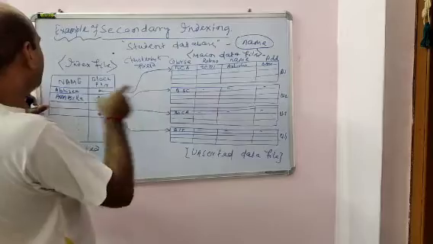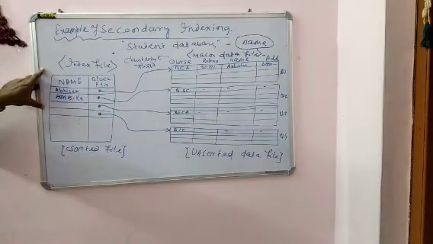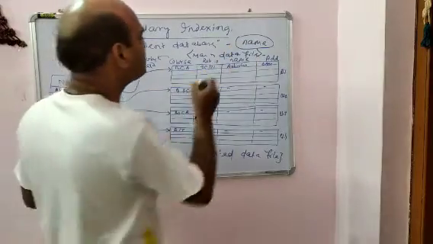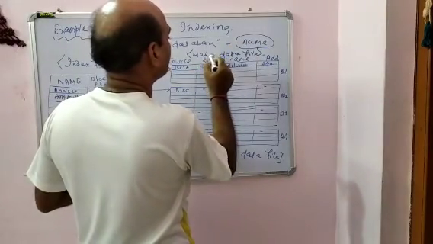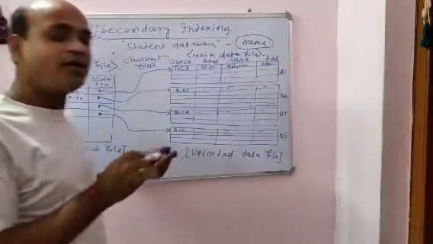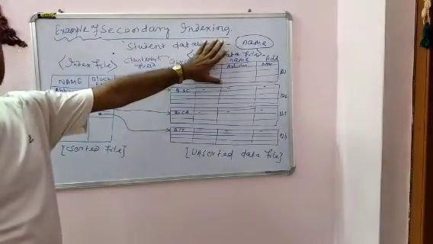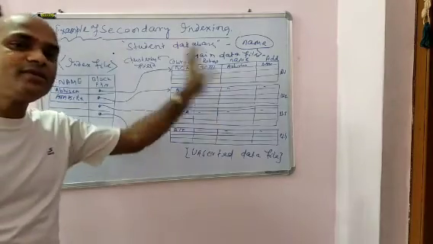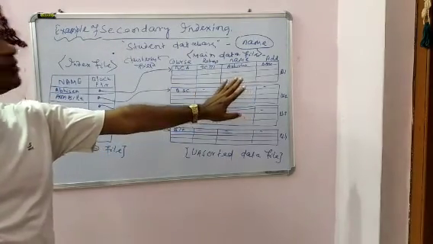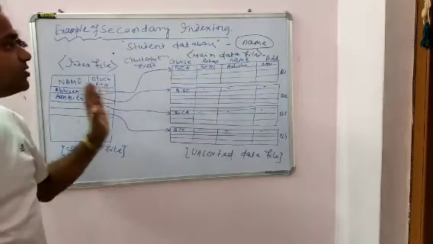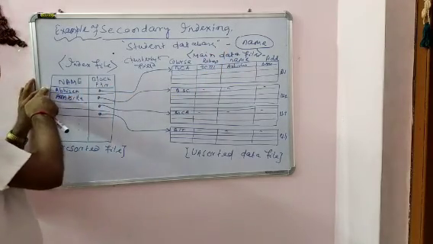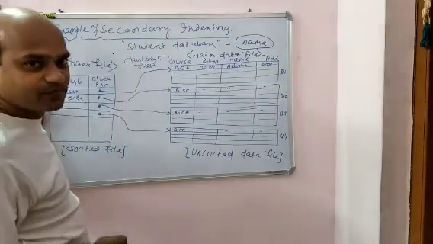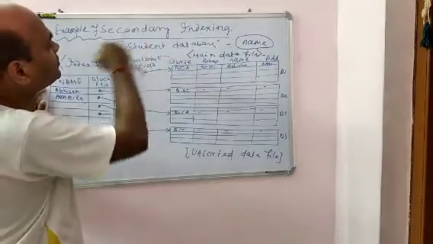For that, we have to create this secondary indexing, because the index file has already been created according to the roll number. But this is secondary, extra. Suppose we are searching name-wise, so for that we require the additional or secondary indexing. We can search according to secondary indexing.